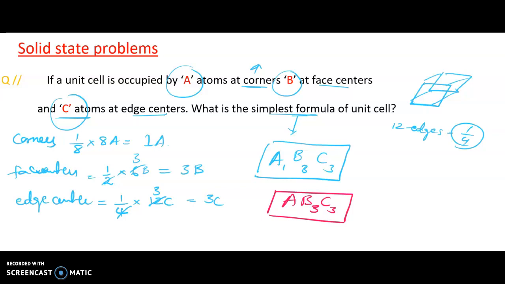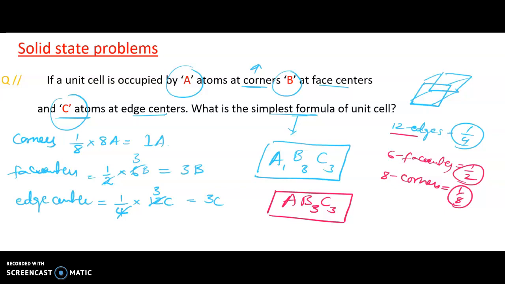So we have to remember always that a cube has 12 edges, 6 face centers and 8 corners, and the contribution at face centers is 1 by 2, at corners it is 1 by 8. So you have to remember the contribution of atoms at corners, face centers and centers.